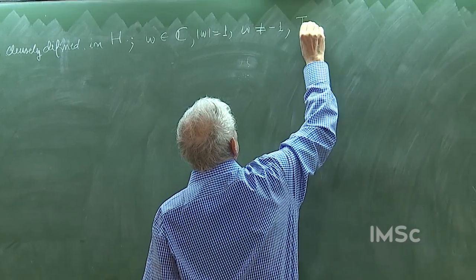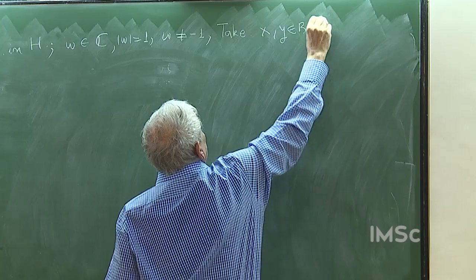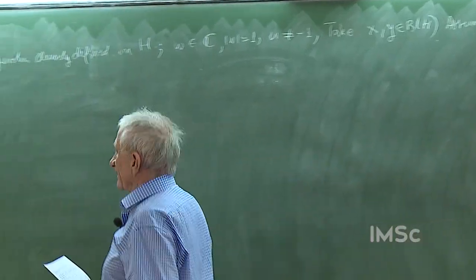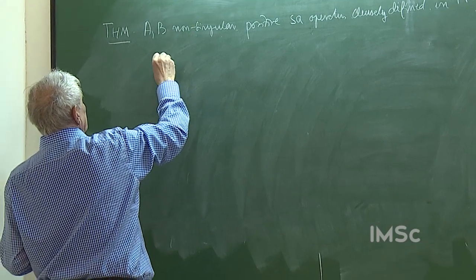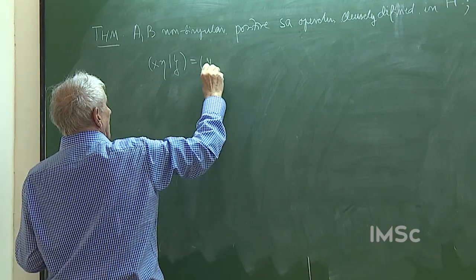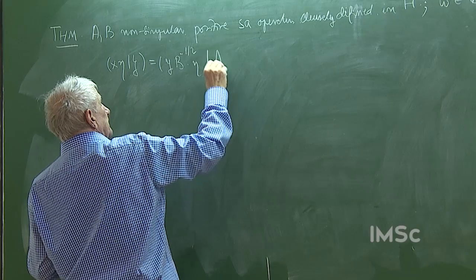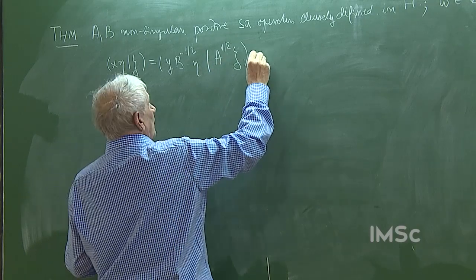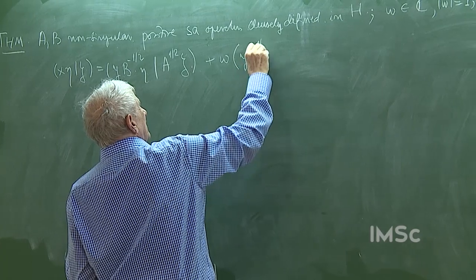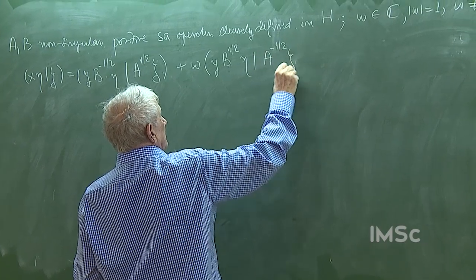Take x, y, two elements in B of H, and assume that the following holds: x eta zeta is equal to y b to power minus 1/2 eta times a to power 1/2 zeta plus omega times the product y b 1/2 eta times a minus 1/2 zeta.